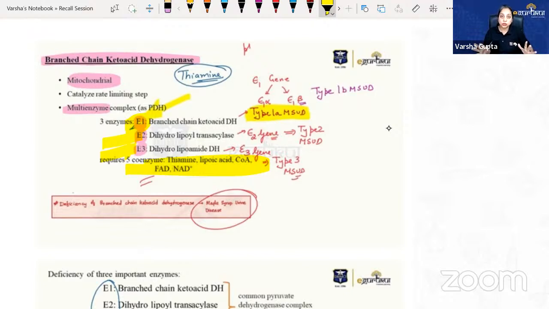So we need to know the structure of the branch chain keto acid dehydrogenase, and this is a mitochondrial enzyme. It is not a single enzyme but a multi-complex enzyme, like the biggest enzyme, grabbing so many enzymes, 3 enzyme complexes, and then coenzymes along with them, right?